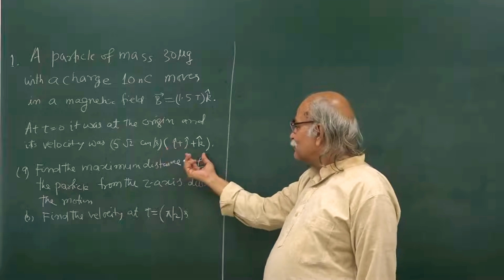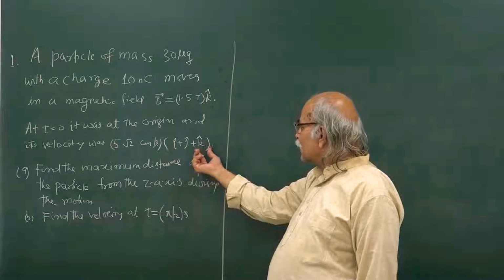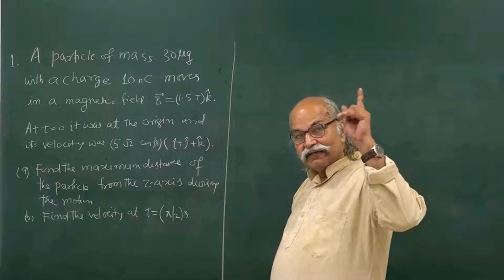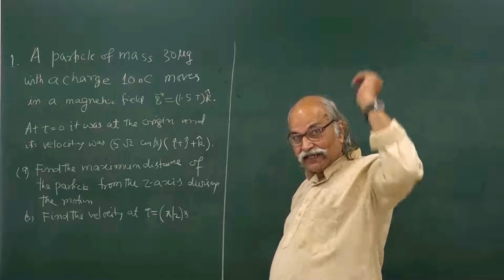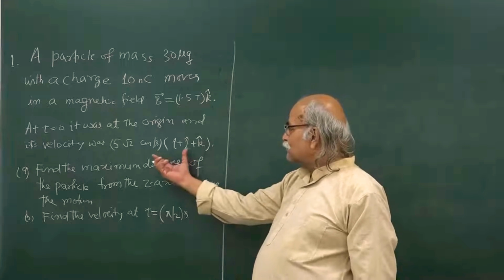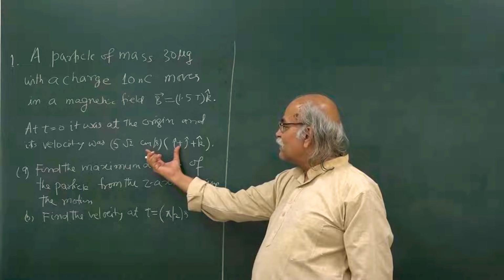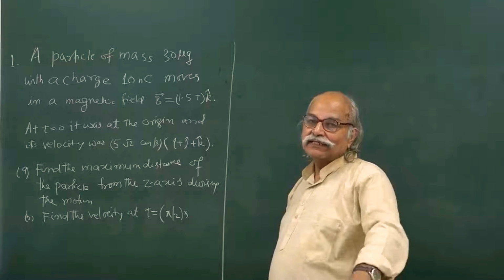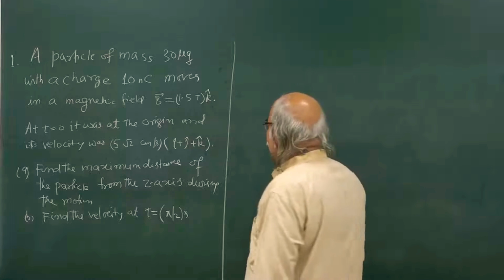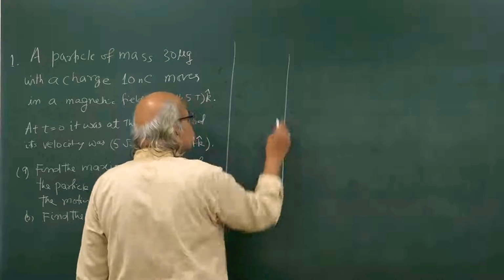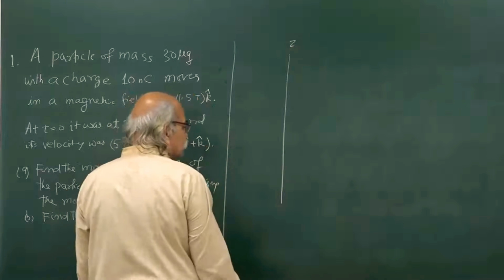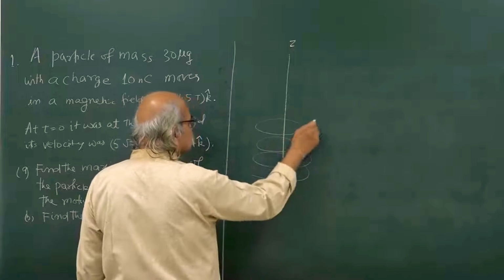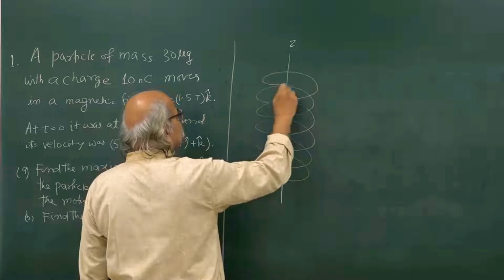Because of the part along the magnetic field, this velocity will remain constant and the particle will go up in z direction, but because of the perpendicular component, in the xy plane it will go in a circle. So the path will spiral, every time it is going up.